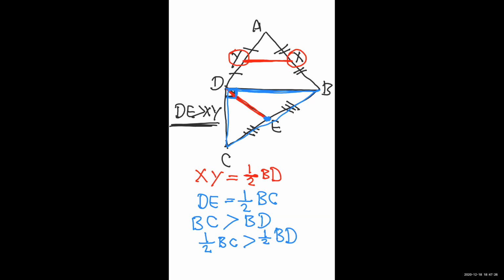So now we can prove that DE is greater than XY, because DE equals half BC, and BD is smaller than BC, so XY is less than DE, or in other words, DE is greater than XY.